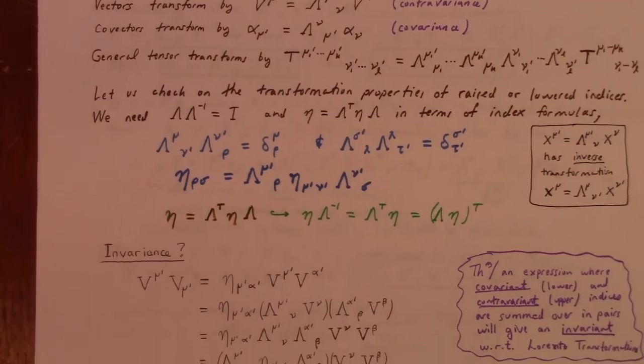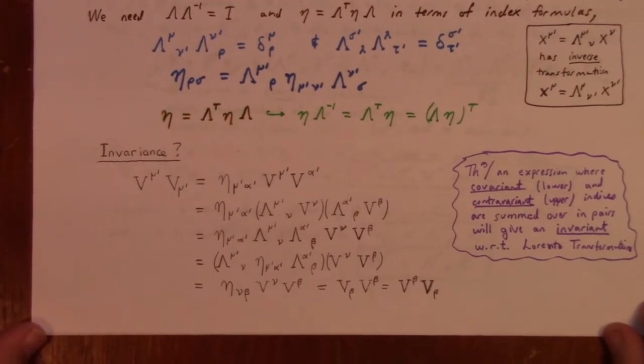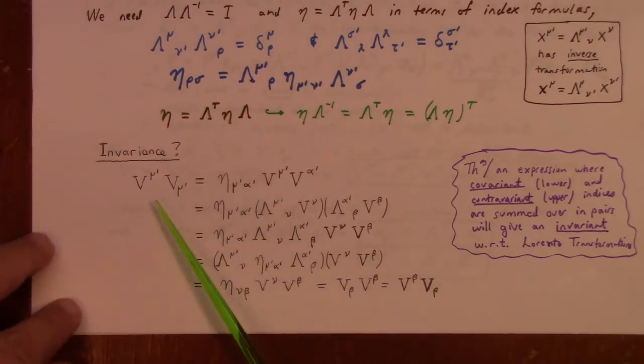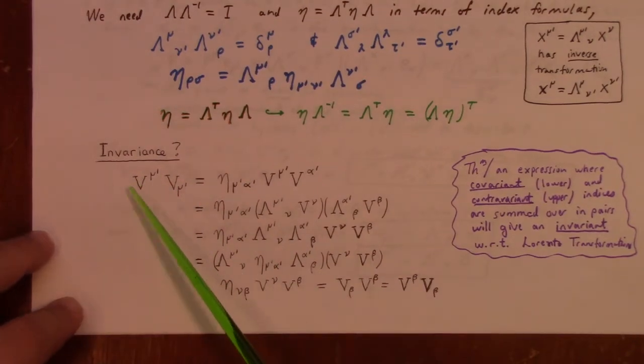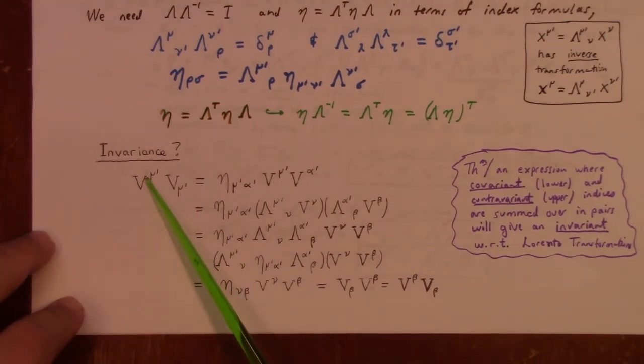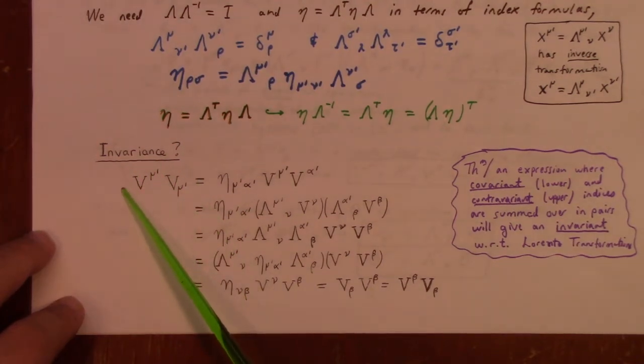So here's just a quick calculation, because I'm going to run out of time if I'm not careful. The invariance, let me see how much time I have left. All right. So if we want to calculate the invariance of this, what I want to show you is that if we contract a vector with its lowered version, so if we take a vector, we lower its index, then sum over that, this result is independent of coordinates, and it's an invariant, also known as a scalar.